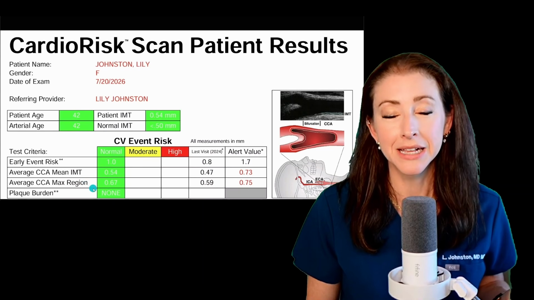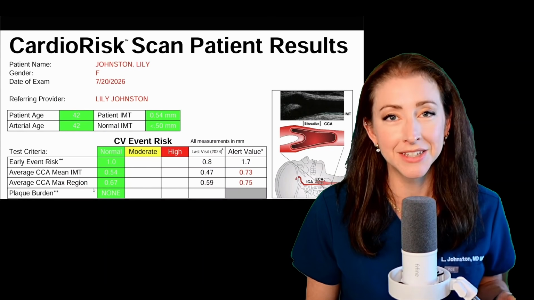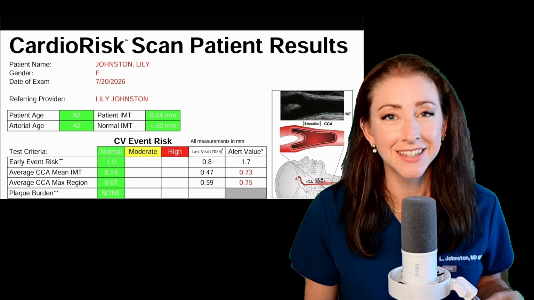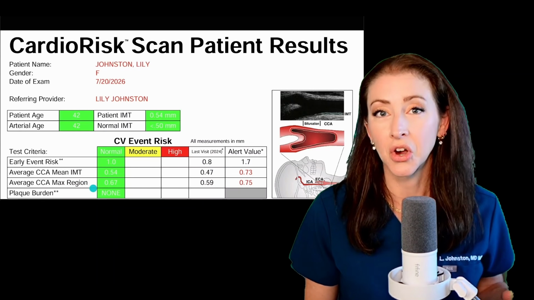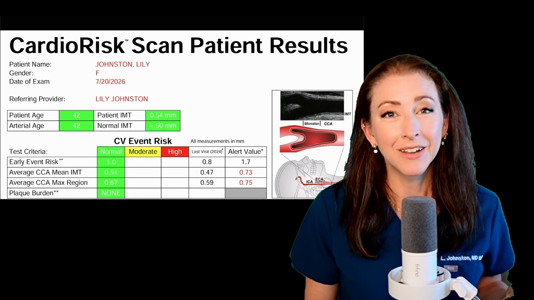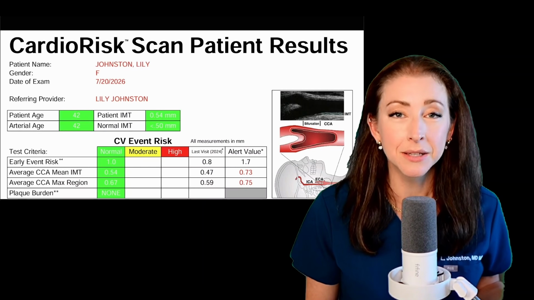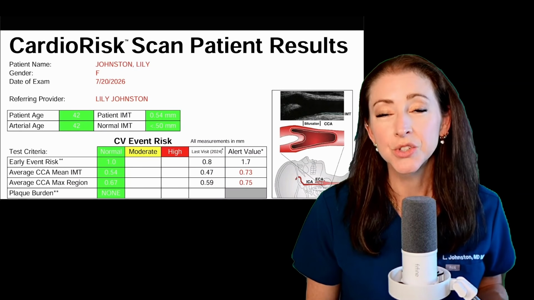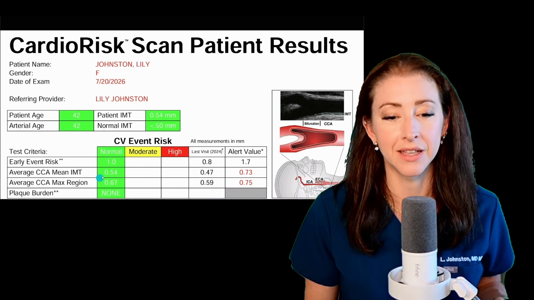Because plaque by itself is the closest thing we have to the enemy, but it's actually events, plaque rupture, that cause heart attack, stroke, and limb loss. And if we have some plaque, we can work really hard to stabilize it, maybe even regress it, so that we never have those types of events.